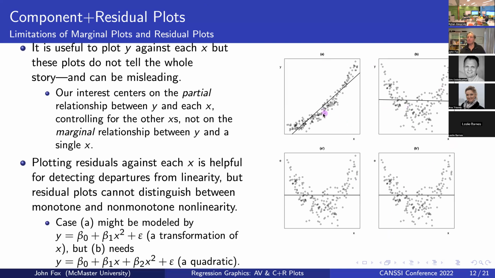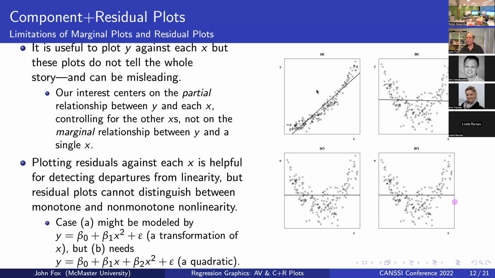If I take residuals from the least squares line in each of these scatter plots and plot the residuals E versus x for each of these cases, the way I've constructed the example, I get exactly the same plots. So I'm unable to distinguish case A from case B from the residual plots against the x's.